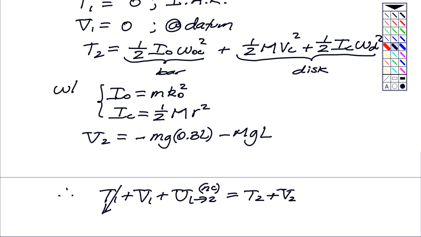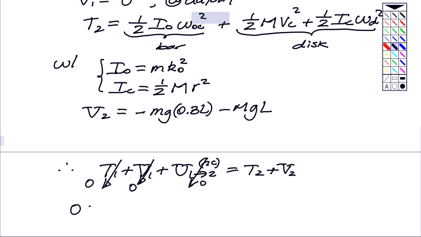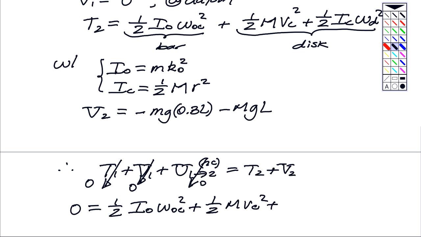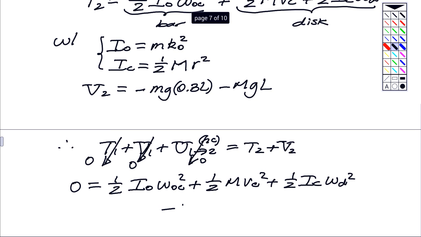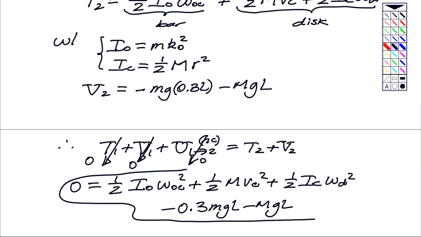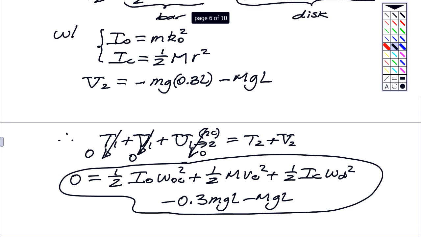Again, it starts out from rest, my datum passes through there, and there's no work being done. So we have 0 is equal to 1/2 I_O omega_OC squared plus 1/2 big M v_C squared plus 1/2 mass moment of inertia of the disk omega_D squared, minus 0.3 m g L minus big M g L. That is our work energy equation for the system.